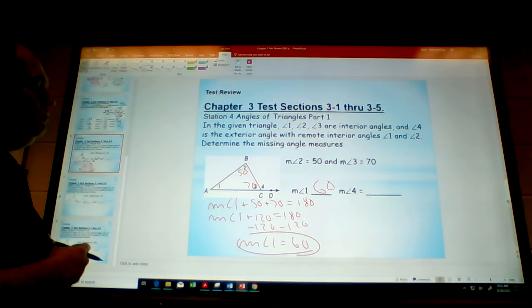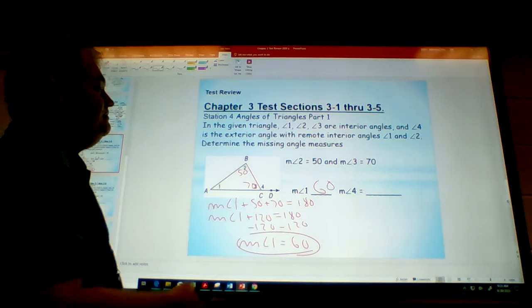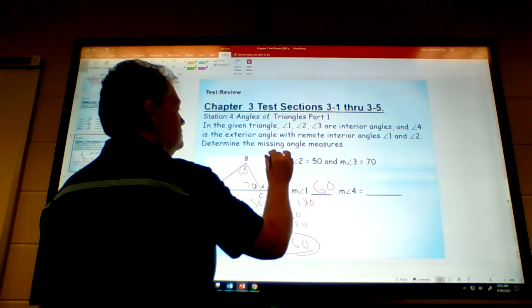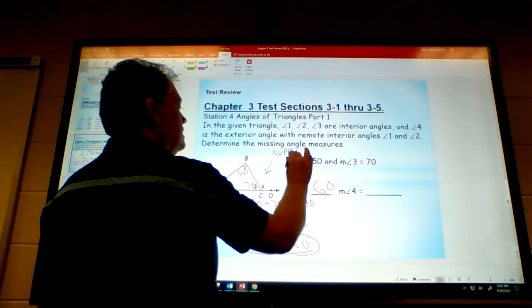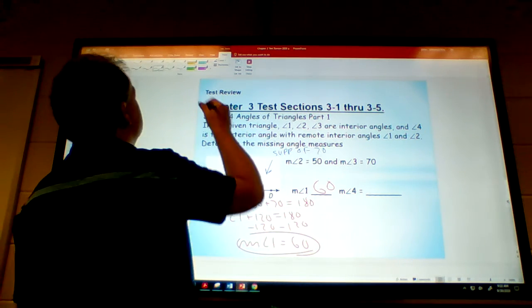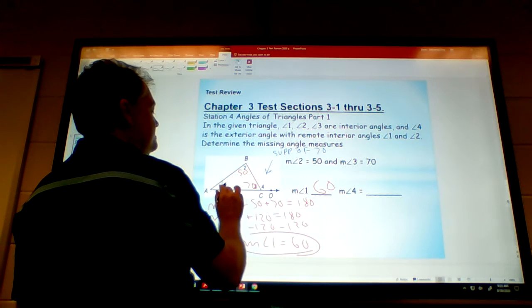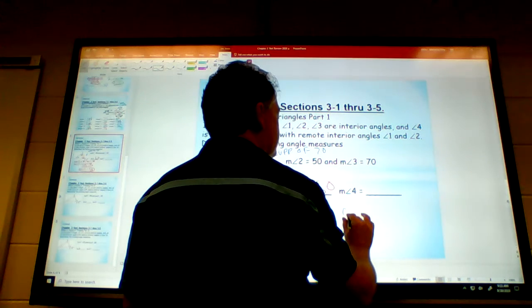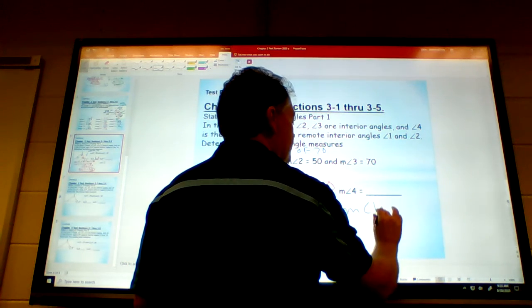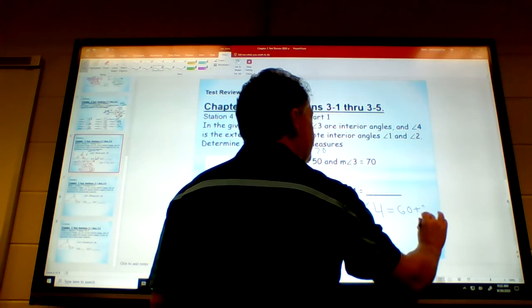Okay, now angle 4, I can do this a couple different ways. For one, I can find the supplement of 70, or since I know that angle 1 now has a measure of 60, the measure of angle 4 equals 60 plus 50.